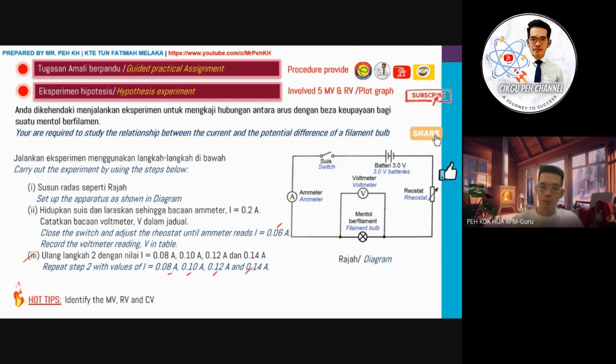As per the explanation just now, the first step is to identify MV and RV. The MV here will be current, so you get your reading from the ammeter. Then the RV here will be the potential difference, and the reading you want to get will be the voltmeter reading here.